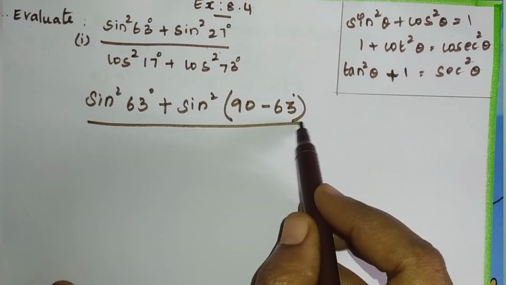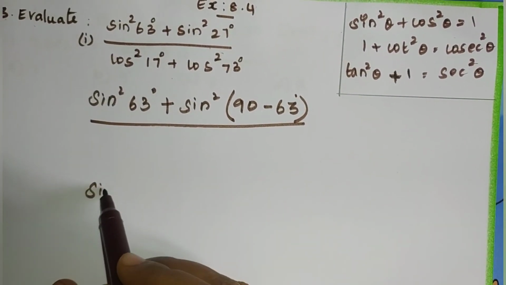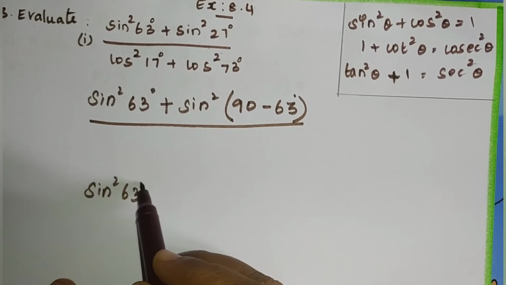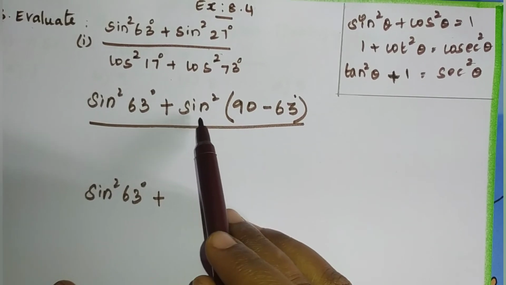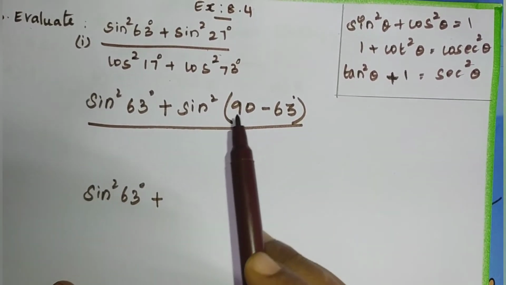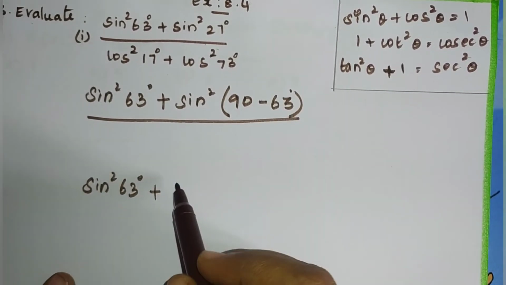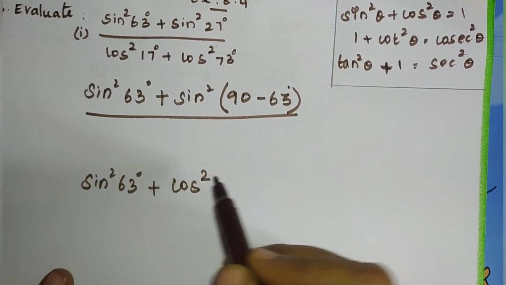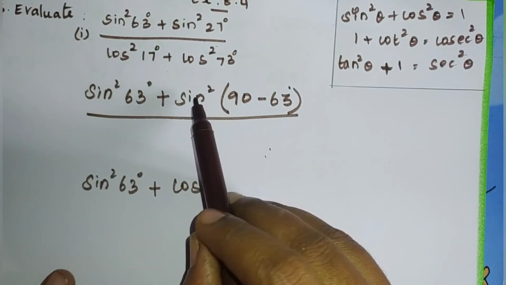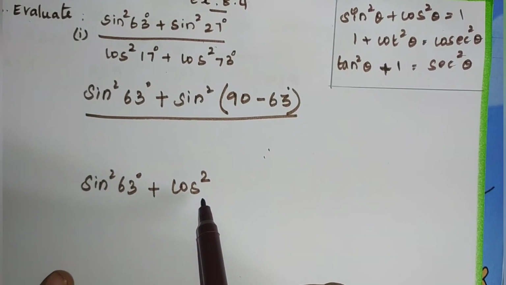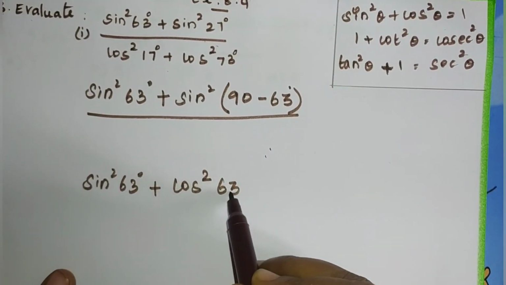First simplify the numerator and then simplify the denominator. Sine square 63 degree plus, for complementary angles, sine we can change into cos and cos we can change into sine. Here we have sine, so I'm going to write cos square. The sine and 90 merge together and we will get cos. The angle is 63.